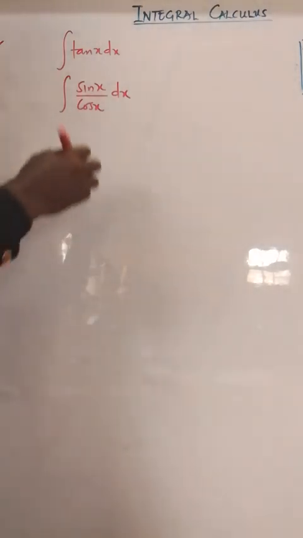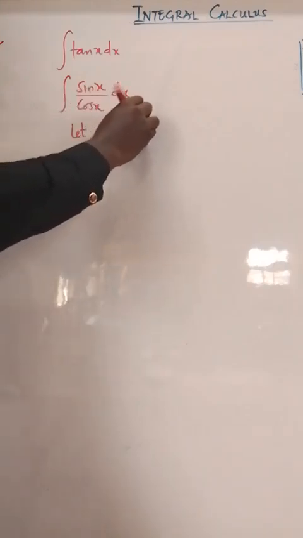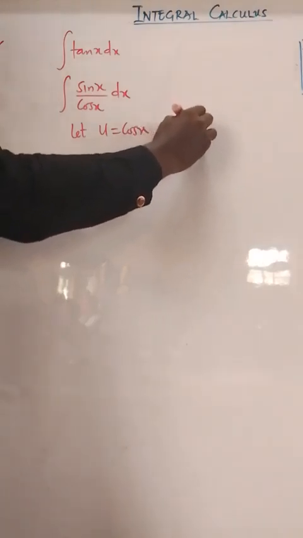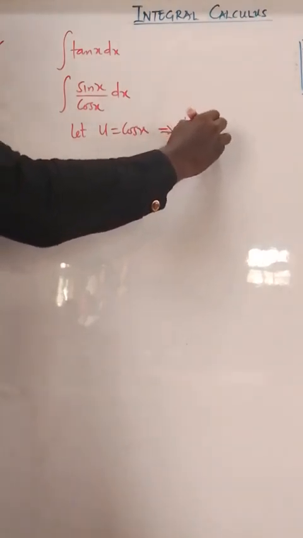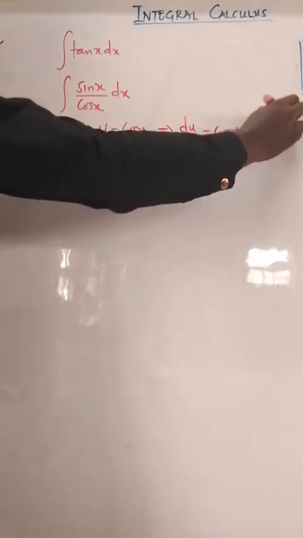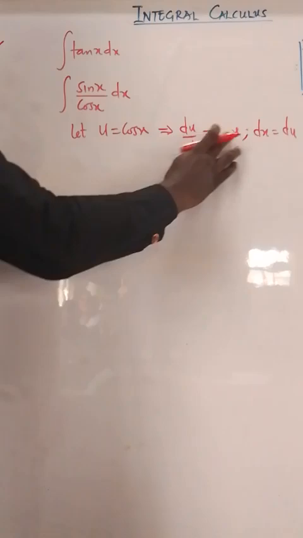You can say, let u equal cos x. Then du dx equals... sorry, if you differentiate cos x, it gives us minus sine x.